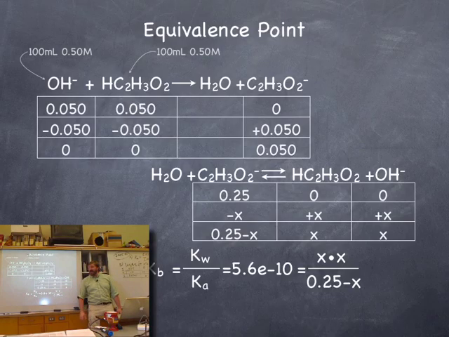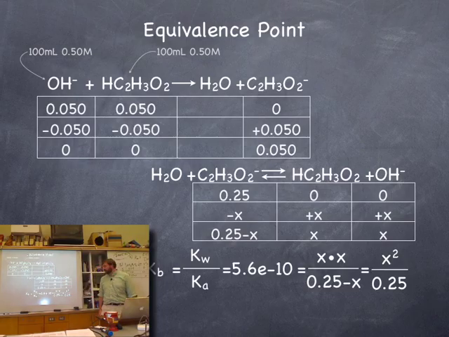How can I make this math not a quadratic? Let's make our 5% rule assumption and say, hey, 0.25 minus x is basically 0.25. So we can make that substitution. We're going to move the 0.25 to the other side, multiply. We can solve for x. What is x in this case?